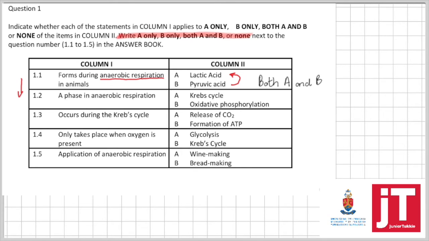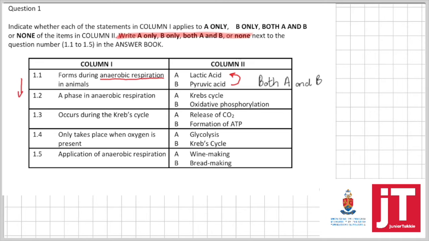Now, we've just reasoned out for ourselves in question 1.1 that glycolysis is the formation of lactic acid at the end of the day. So in other words, glycolysis is the anaerobic process where we produce lactic acid.